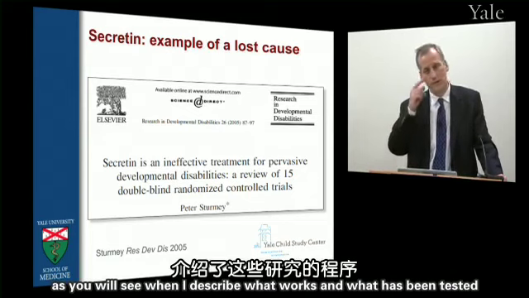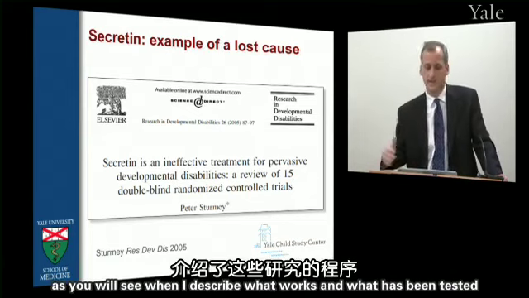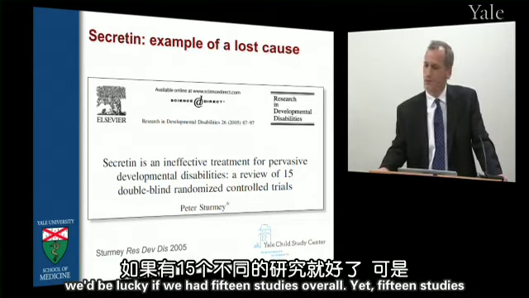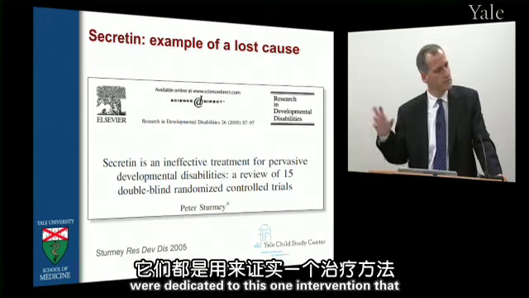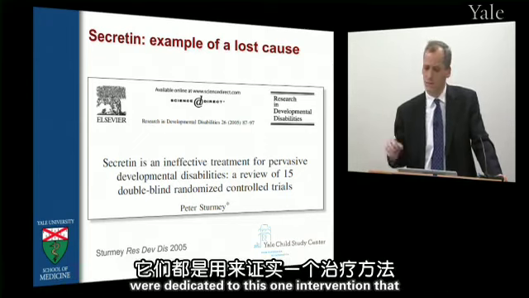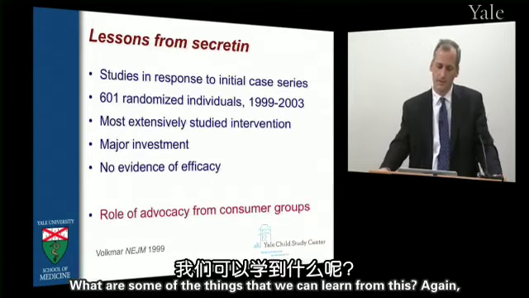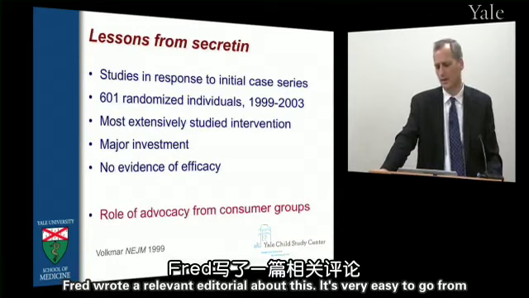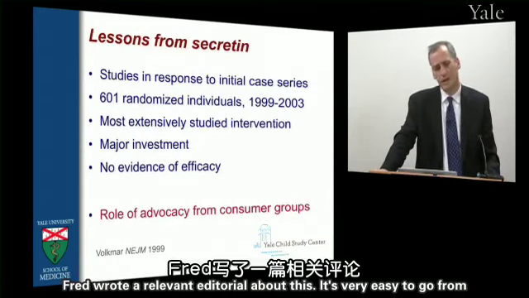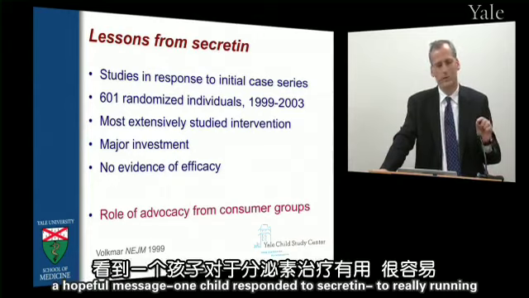As you will see when I describe what works and what has been tested, we'd be lucky if we had 15 studies overall, and yet 15 studies were dedicated to this one intervention that proved to be a lost cause. So what are some of the things that we can learn from this? And again, Fred wrote a relevant editorial about this. It's very easy to go from a hopeful message, one child responded to secretin, to really running with it.